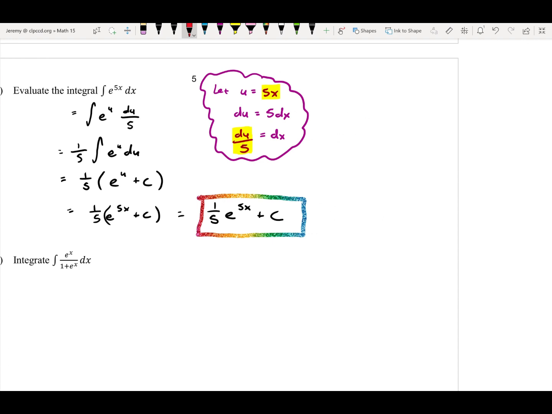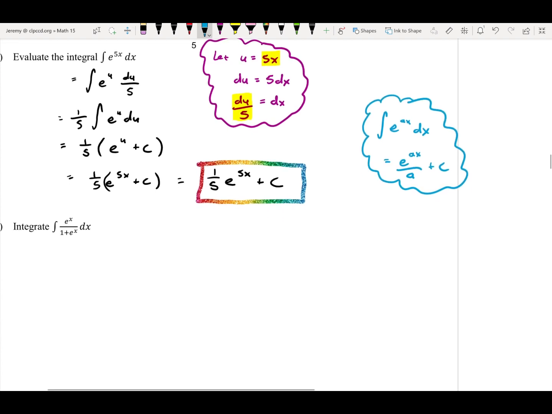All right, but this gives us a general rule where if we ever have the integral of e to the ax dx, this is just going to be e to the ax over a plus c. So I might not do a u sub every time that we see an integral in this form.